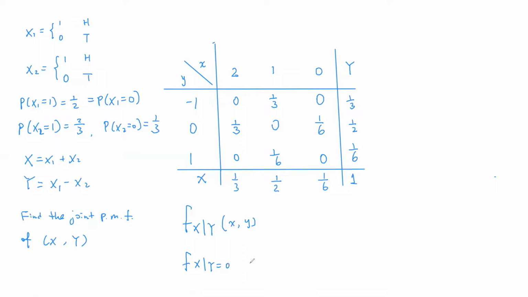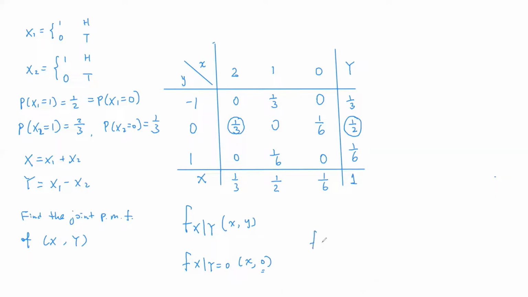That's a little bit more interesting. It's a distribution of x, but given y equals 0. So it would be this joint probability divided by the marginal probability, which is 1/2. So it would be 2/3.